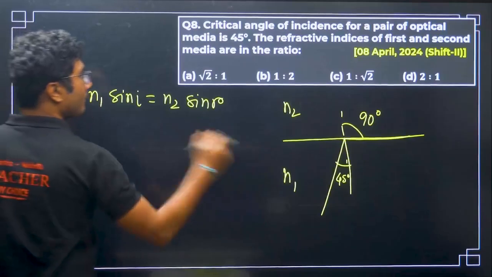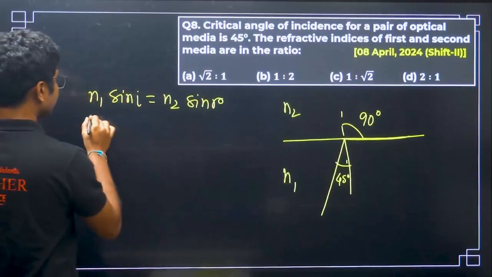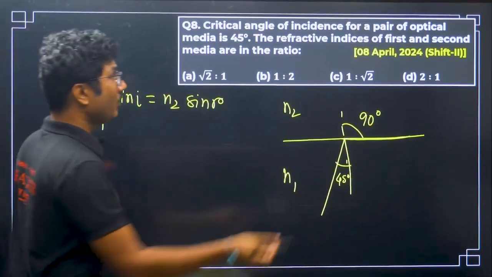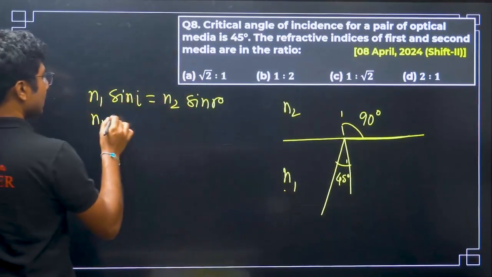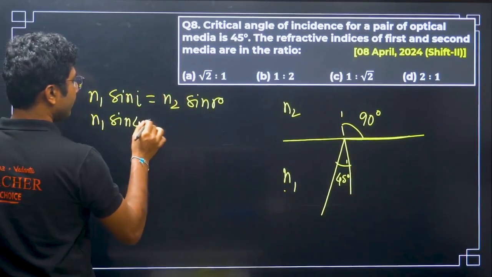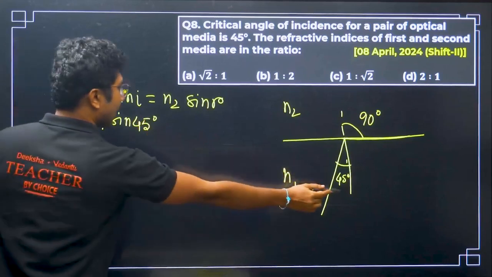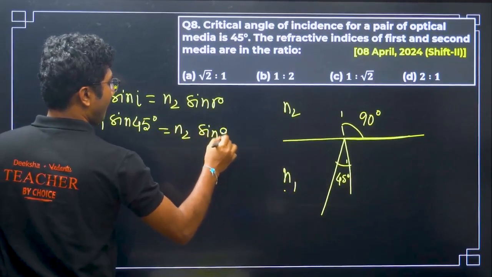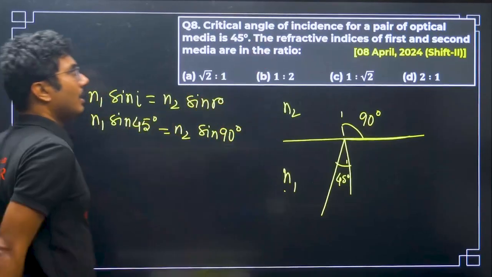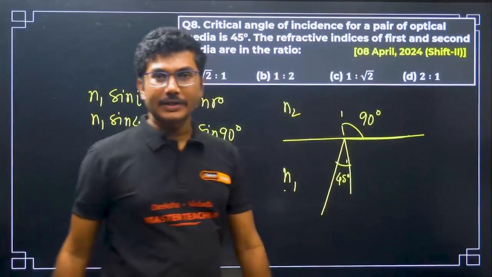Now, N1 value is not known. We are trying to find the ratio of first to second, N1 by N2. N1 sin 45 degrees, this angle is given, equals N2 sin 90 degrees, because it is a critical angle, which means the angle of refraction will be 90 degrees.